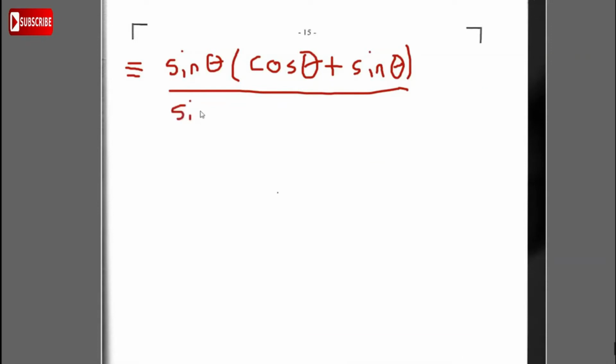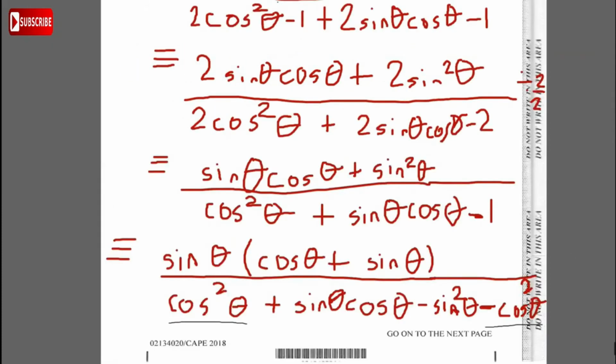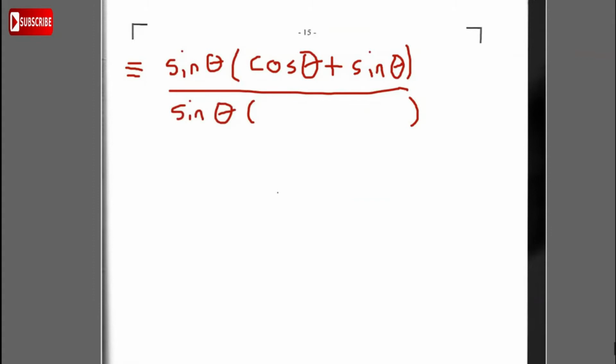When I factor out sine theta, I'm left with cos theta minus sine theta. The sine theta is going to cancel the sine theta, and so this is what we're left with.